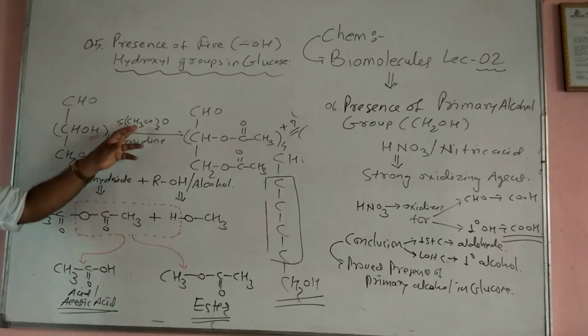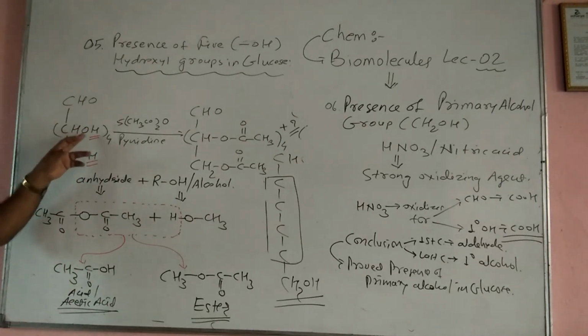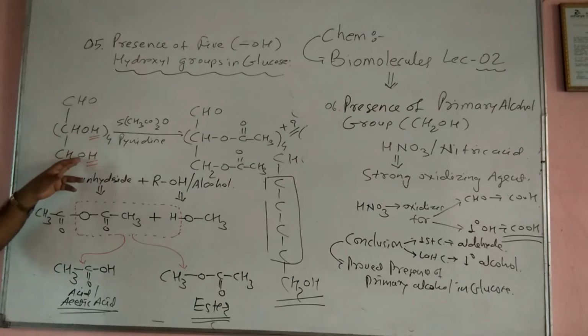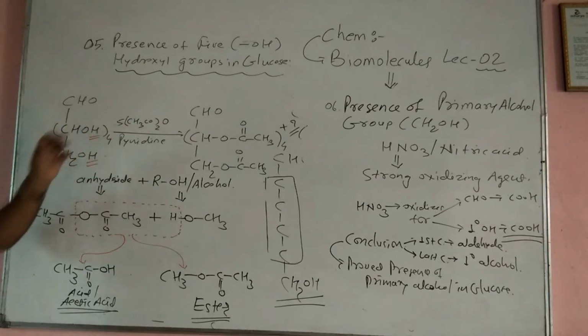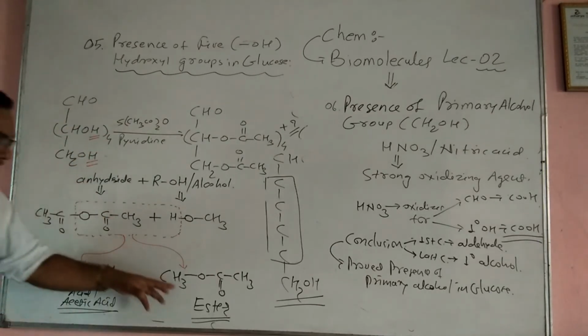Active hydrogens are the hydrogen atoms attached to a more electronegative atom, and here oxygen is the more electronegative. These active hydrogens are replaced by acetyl groups, resulting in ester formation.